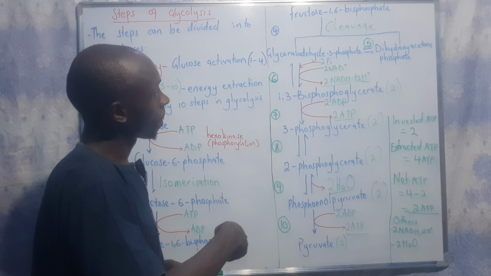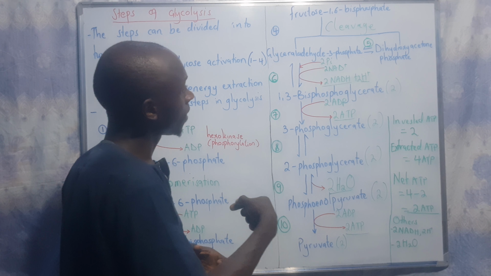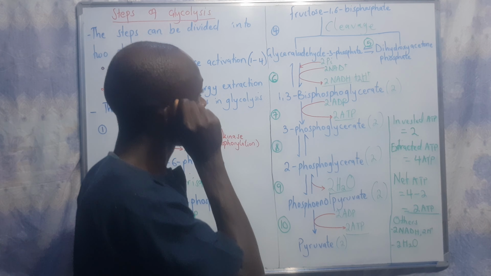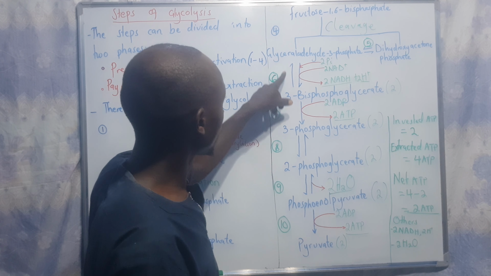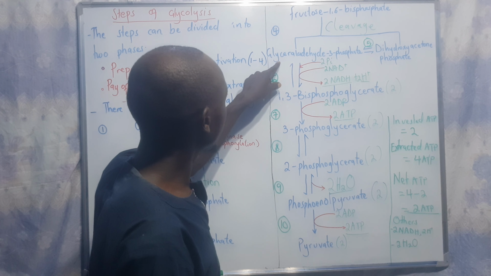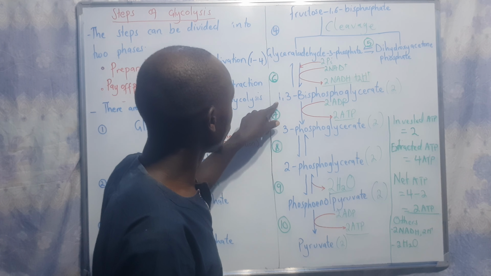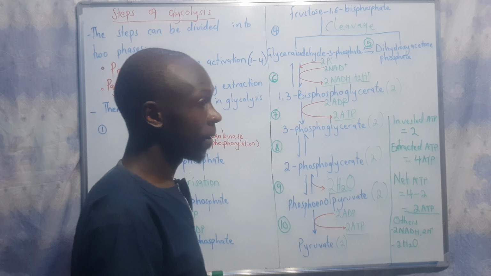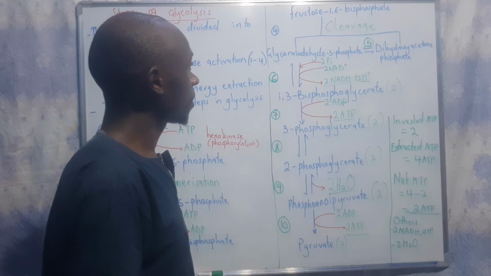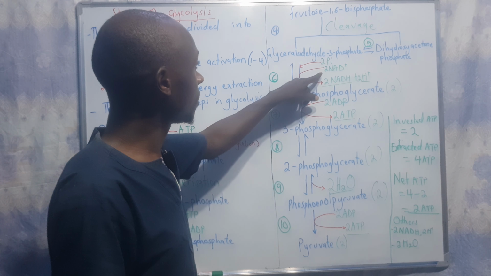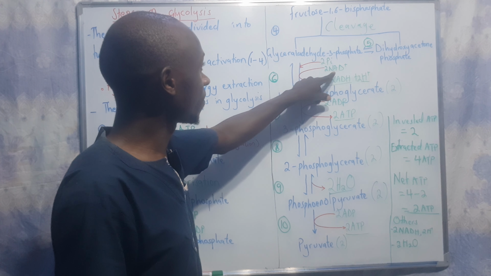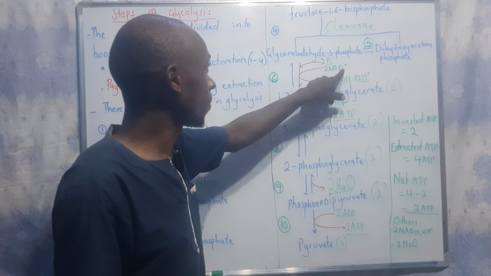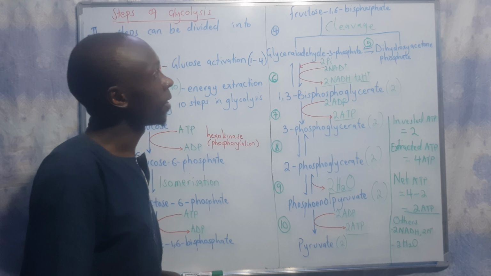Anyway, where could the energy for this reaction come from? The oxidation of glyceride 3 phosphate to 1,3-bisphosphoglycerate releases energy. That energy helps in the reduction of NAD plus to NAD with the hydrogen molecule.